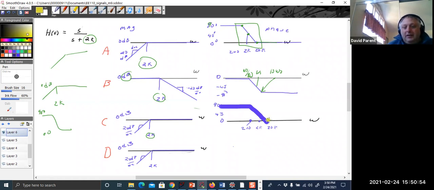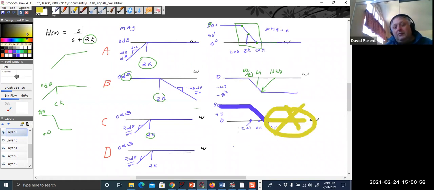This isn't there, so it's wrong. You've got to have it flat, down, flat in the right spot, because otherwise it just looks like a low pass filter shape. And then D, that's not good because the phase is missing.